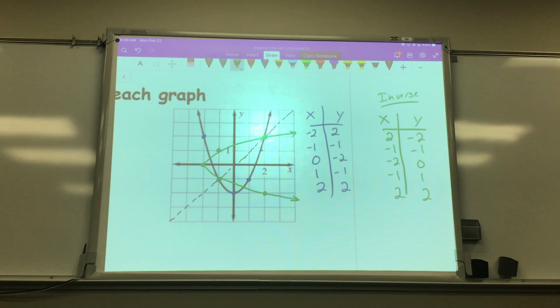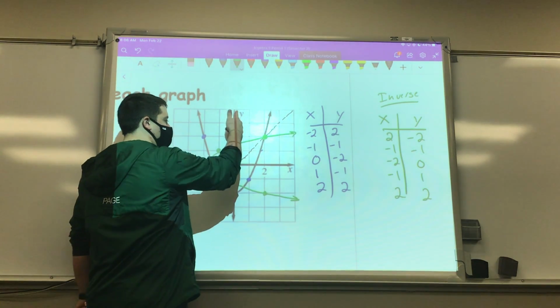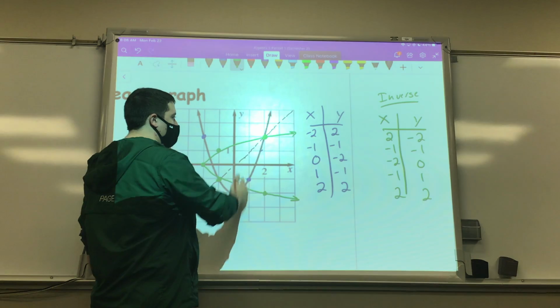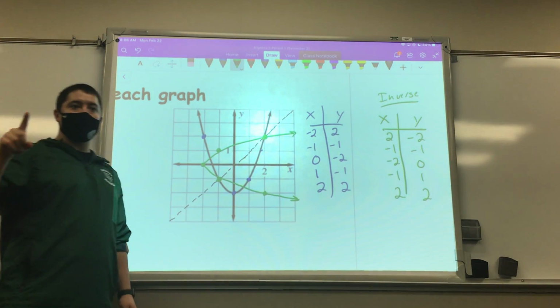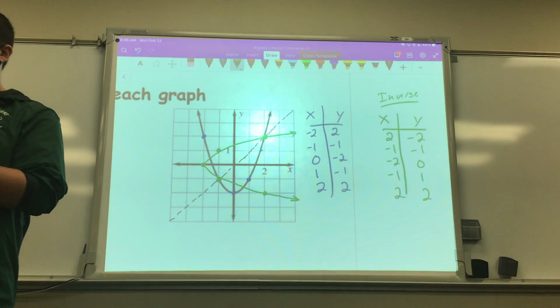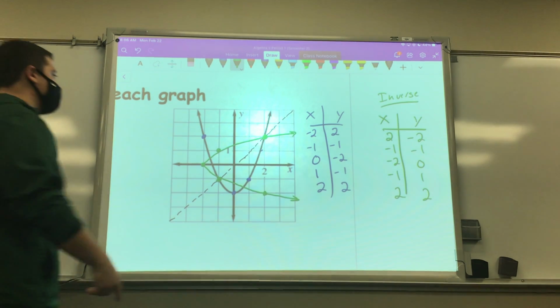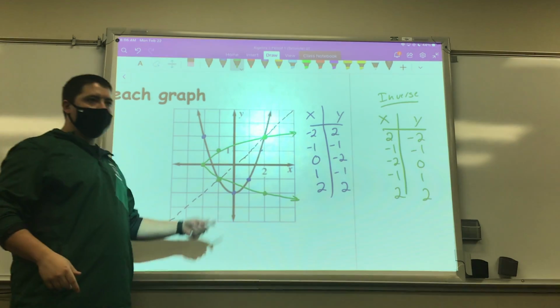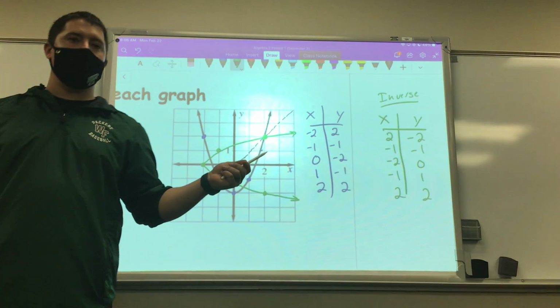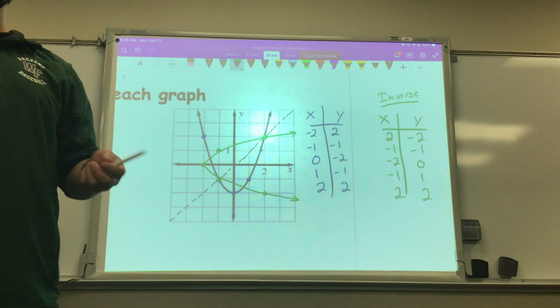You guys remember the vertical line test to determine if something's a function? If I draw a vertical line anywhere, it should only hit one point, right? That's one input to one output. So since here I hit 2 points, is that a function? No. It's a relation.